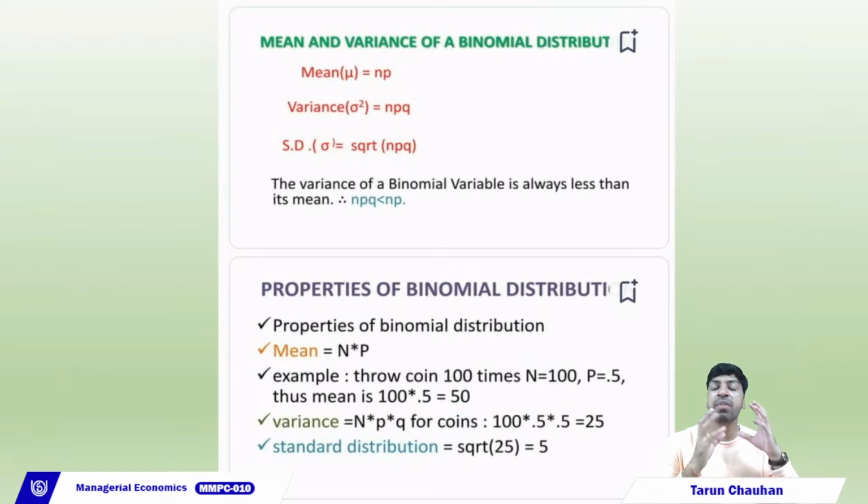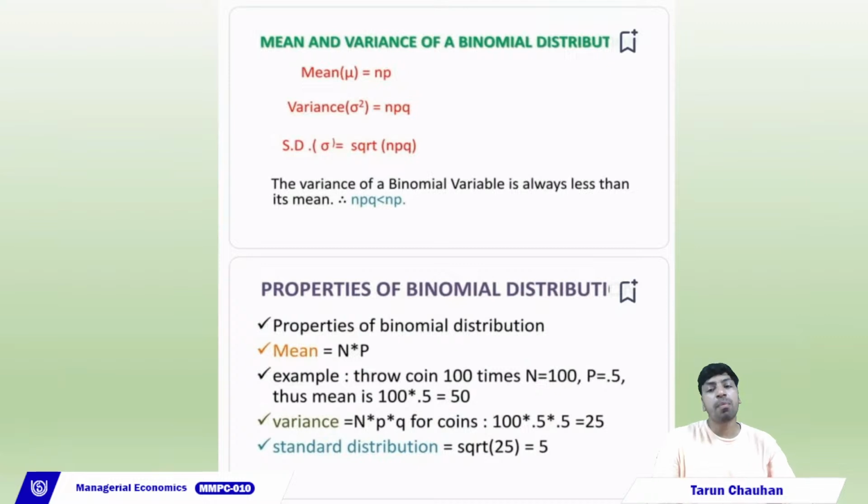If it is less than the mean, then you can easily adopt this concept. If it is more than, it cannot be adopted, and you can use either Poisson distribution or normal distribution accordingly.